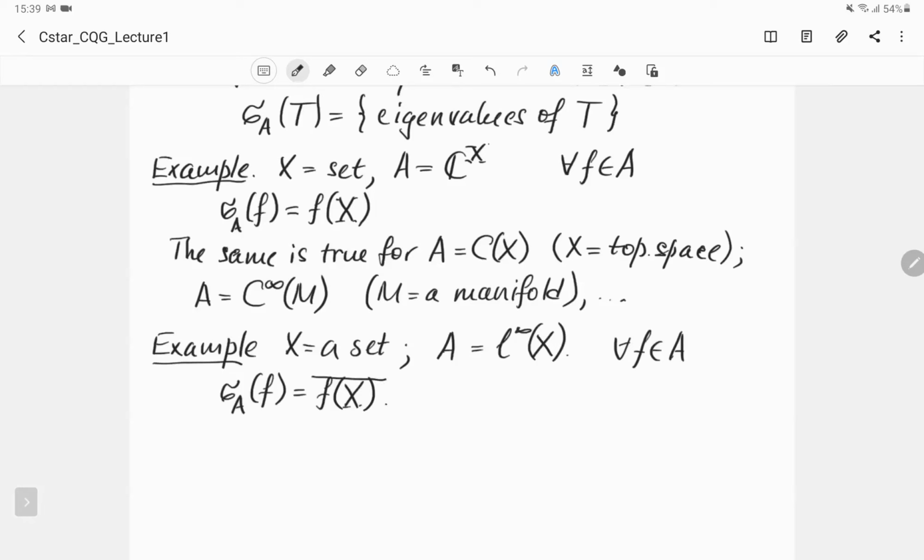And this follows from the fact that a function in this algebra is an invertible element if it is bounded away from 0. So if 0 is not in the closure of f of x.